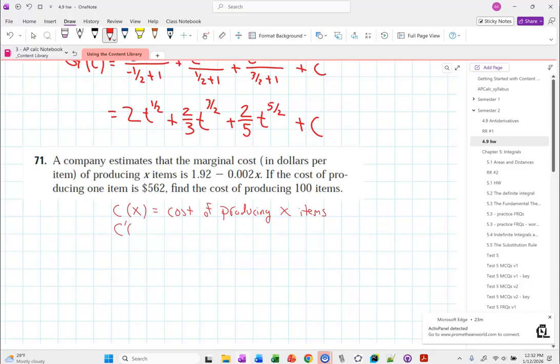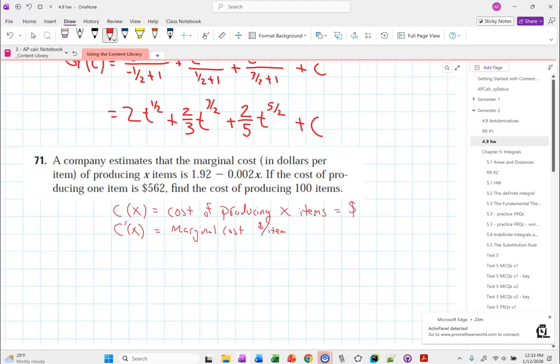So the derivative of c, that's going to be my marginal cost, because that's like dollars per item, right?